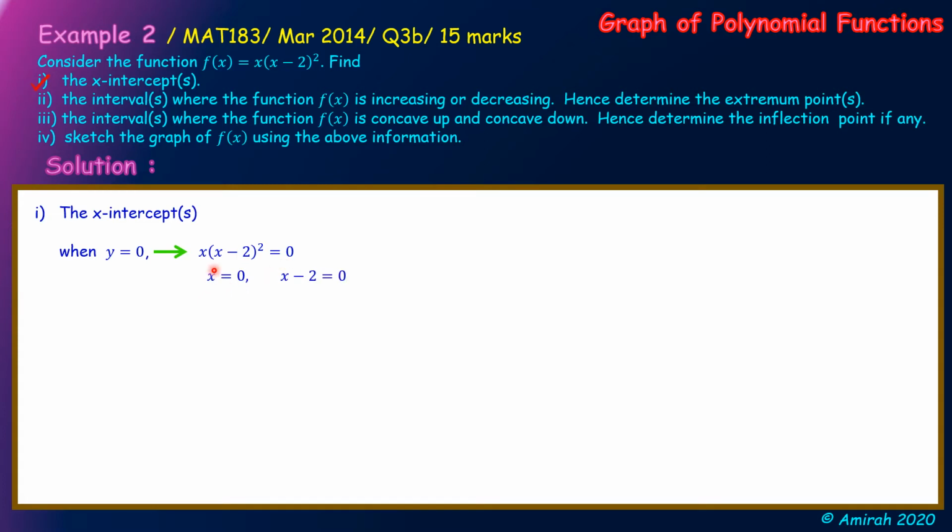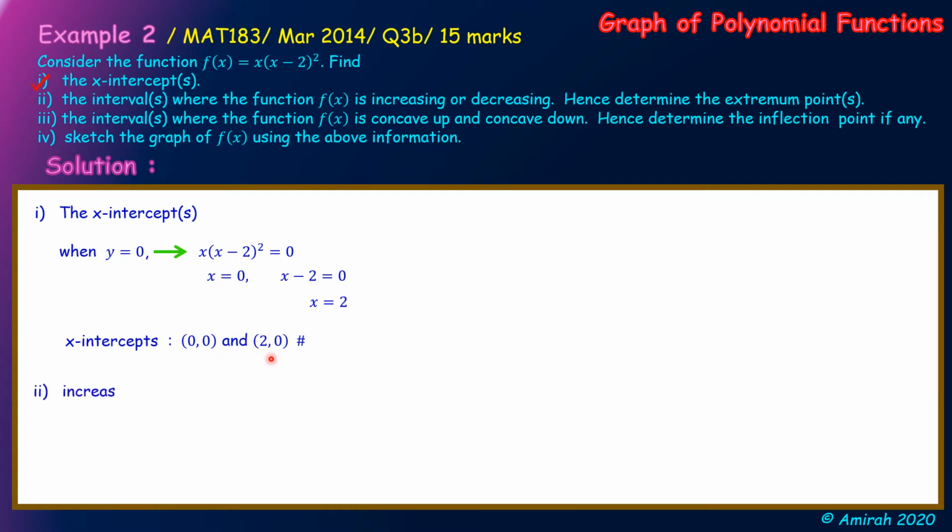So we have x equals 0 or x minus 2 equals 0, so x equals 0 and x equals 2. This means the x-intercepts are coordinate (0, 0) and coordinate (2, 0).